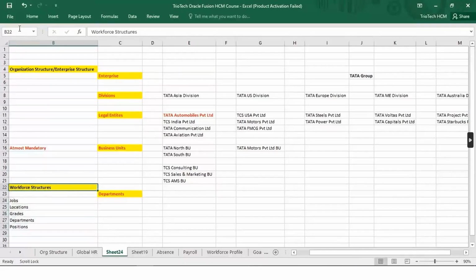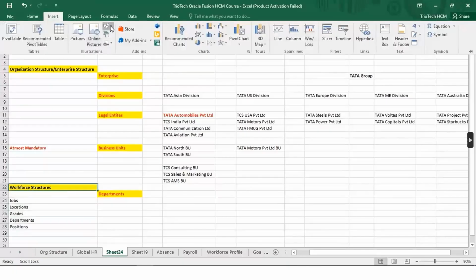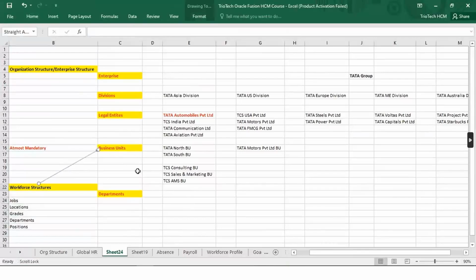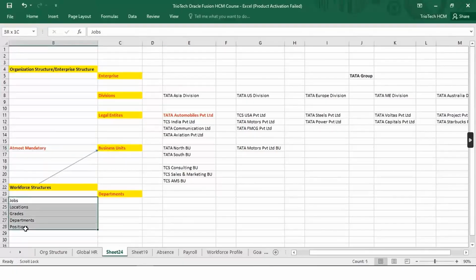So whatever the workforce structures that we configure in the system, we will be mapping them to the business units in the Fusion application. That is why the concept of BUs is mandatory in the system. Like all the workforce structures, like job designations, what we're configuring in the system, locations, grades, department, and positions. What are these? I will tell you in our coming sessions.